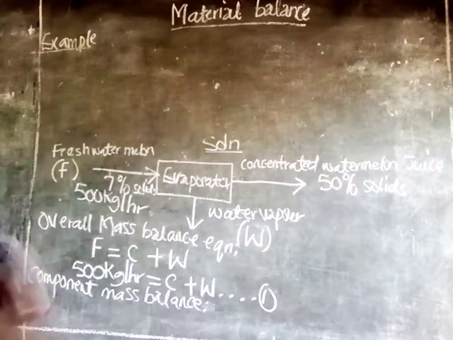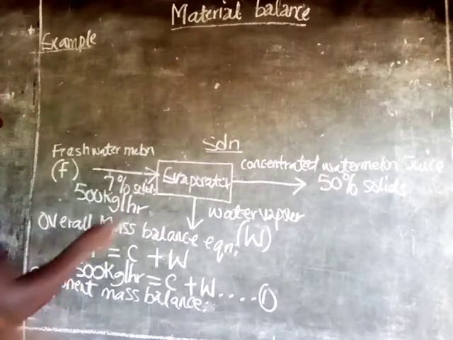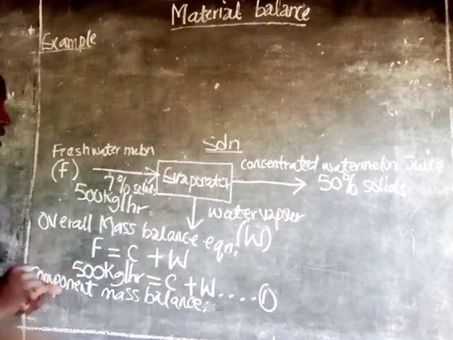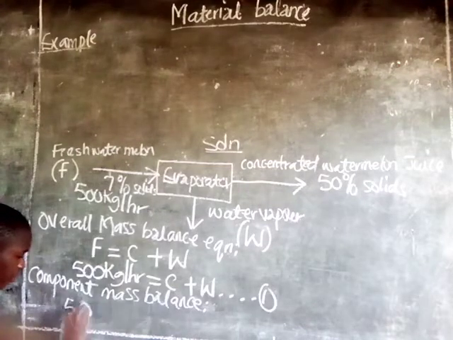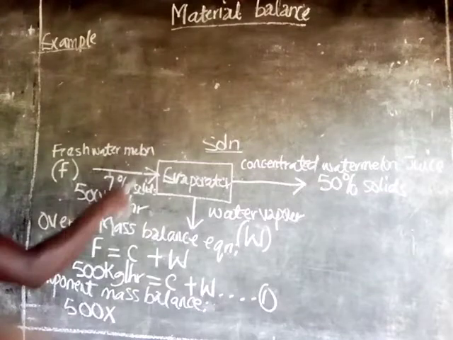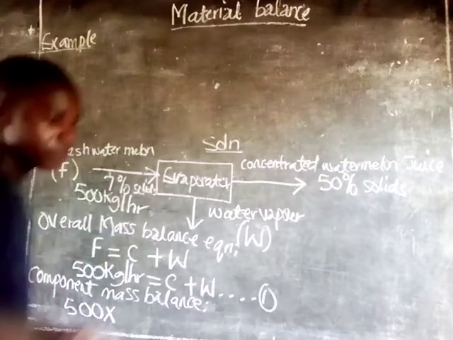Now remember, they say that 500 kilogram per hour was entering the evaporator, and then it contains 7% solids. So that means 500 times what? Sorry.